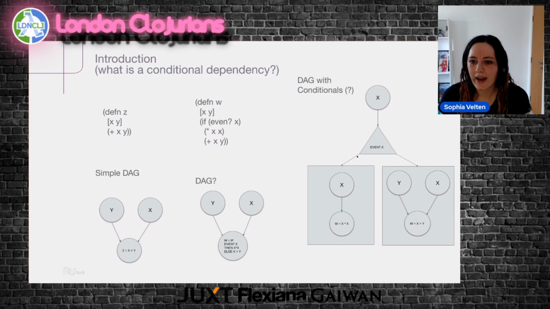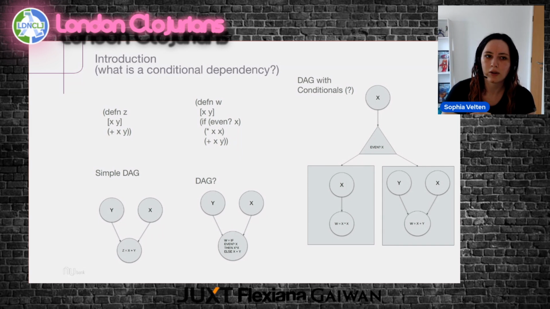Until you get x, then you check that x is even, and then you know what shape in terms of dependencies the node W is going to become. So this is what we mean by conditional dependency, by expressing conditional dependencies.